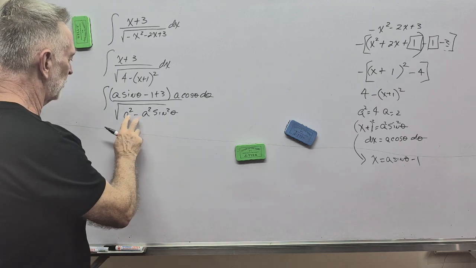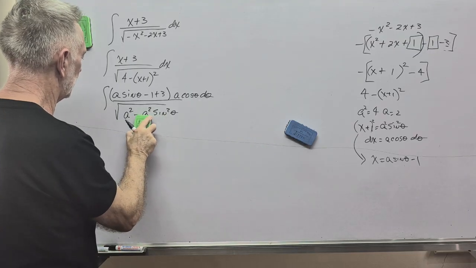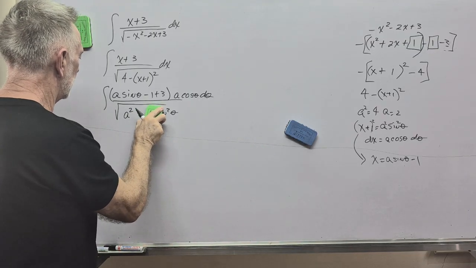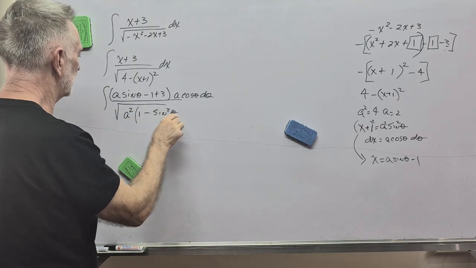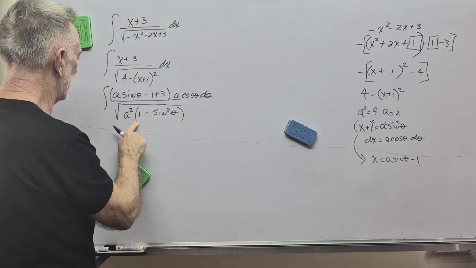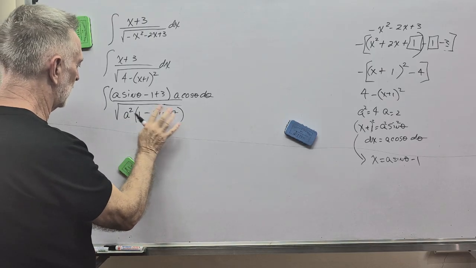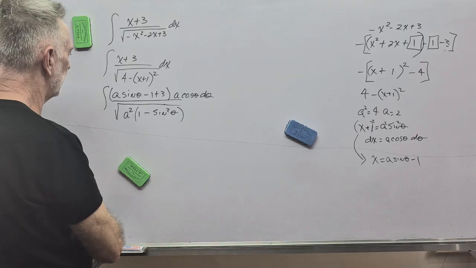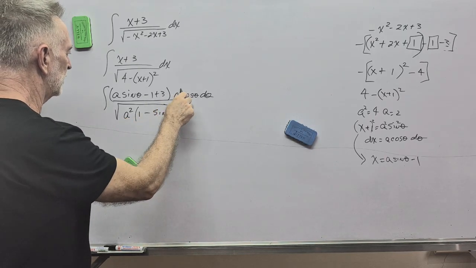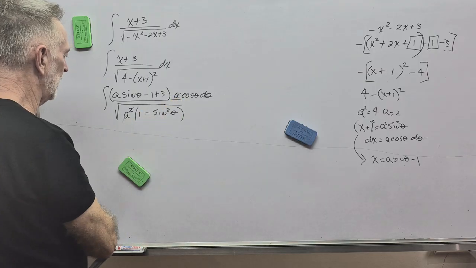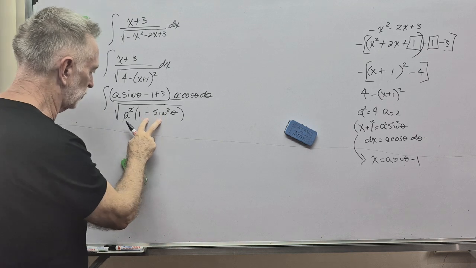Let me factor a square out of this. I'll just do that without moving anything. If I factor a squared out, I would have 1 minus sine squared times a squared. That gives me a squared minus a squared sine squared that I had previously. The square root of a squared is a, so this a and that will cancel. 1 minus sine squared is cosine squared.